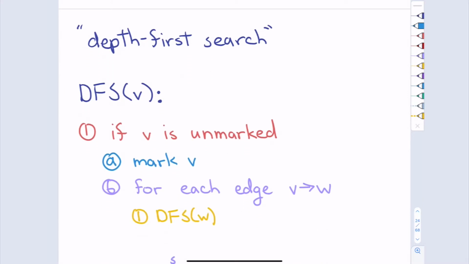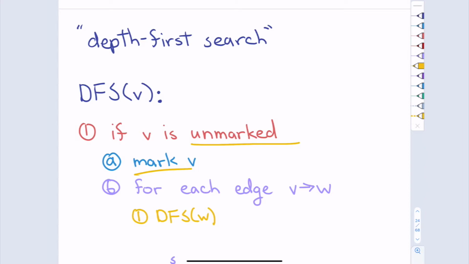All right, so that brings us to depth-first search. The only difference between depth-first search and our first recursive algorithm is that we're going to mark vertices when we visit them. So whenever I call DFS of V, DFS for depth-first search, I'll first check to see if V is marked, meaning I've already visited.